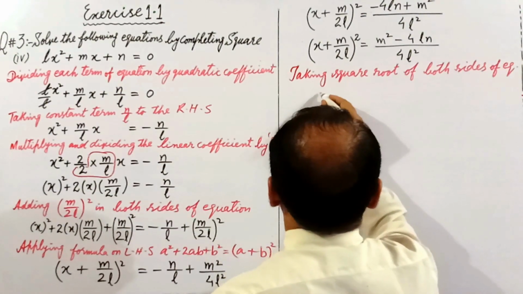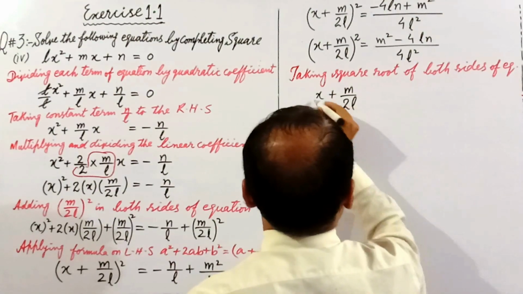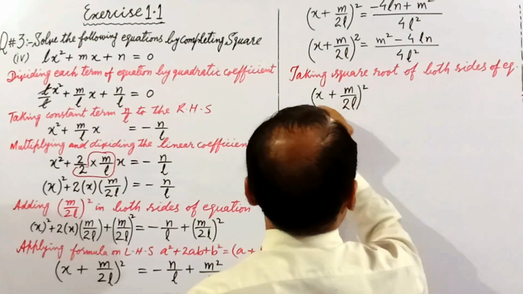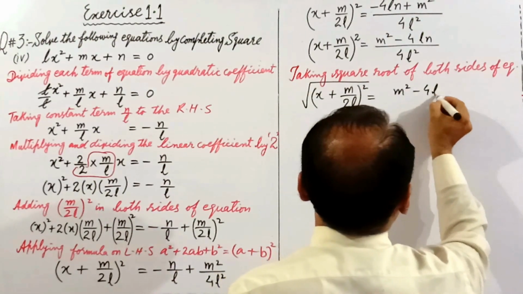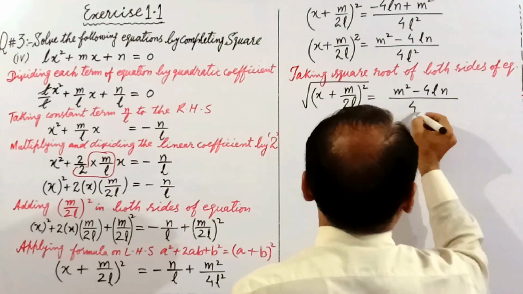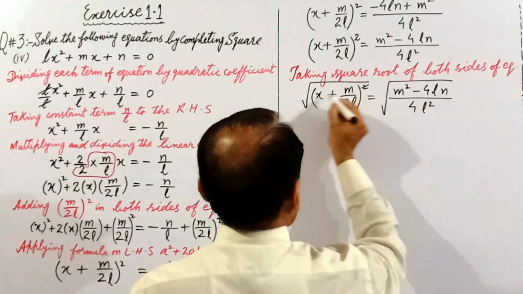We have the square root of x plus m over 2l whole square is equal to the square root of m square minus 4ln over 4l square. Square is cancelled by square root.